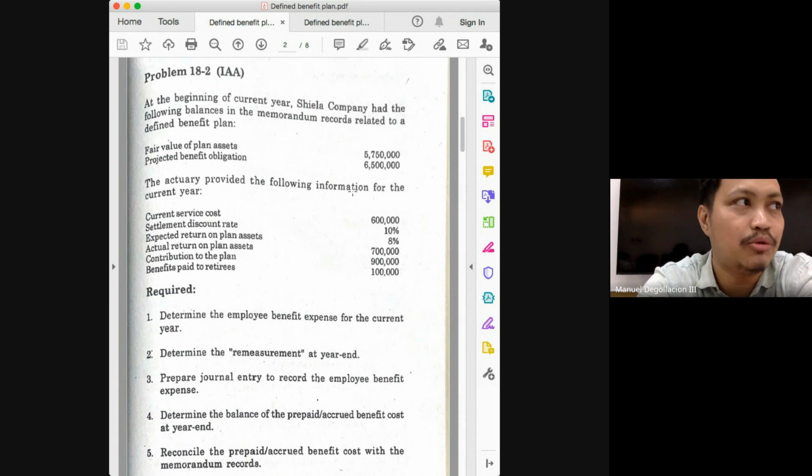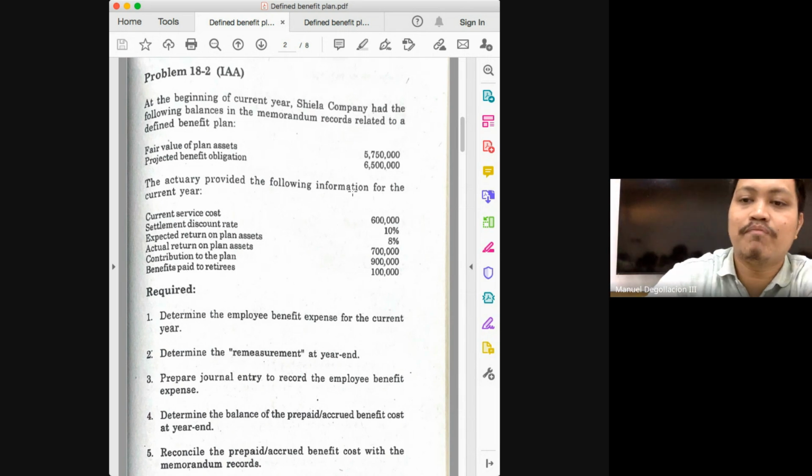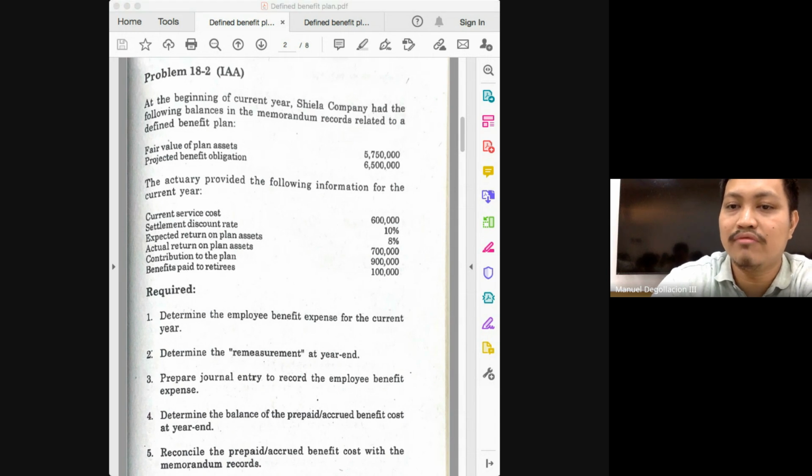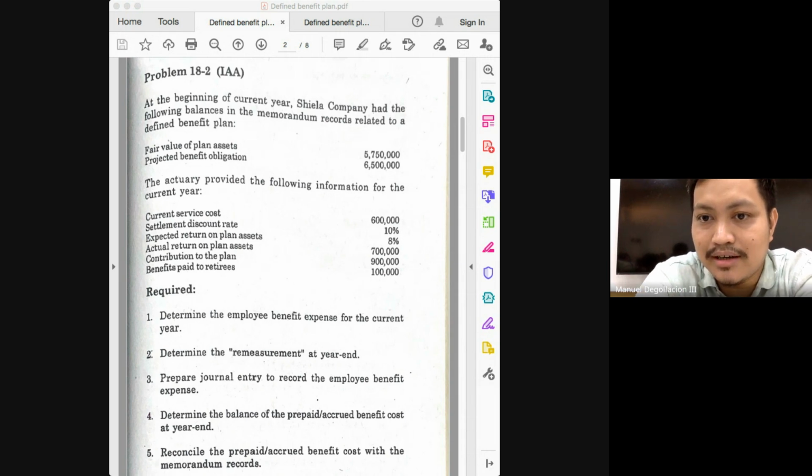And do we expect that to be given in the problem? Yes. In this problem, how much is our PBO? 6,500,000. And how do we know that this is the beginning balance? Again, it is introduced in the first part of the problem, at the beginning of the current year. So the 6,500,000 there is the beginning balance, and it is the amount that will be multiplied with the applicable interest rate.